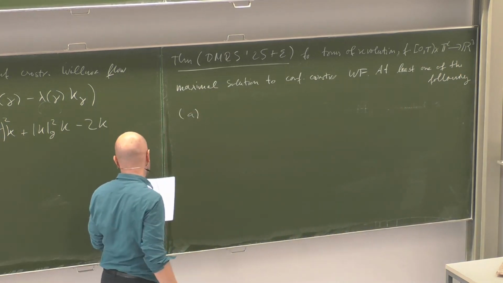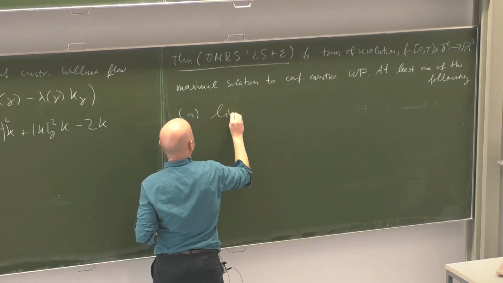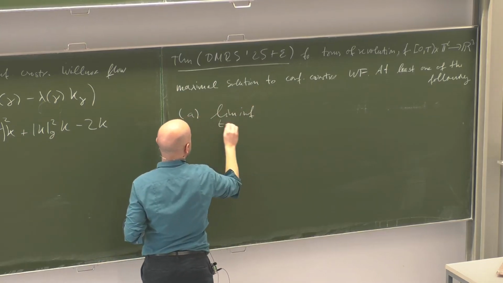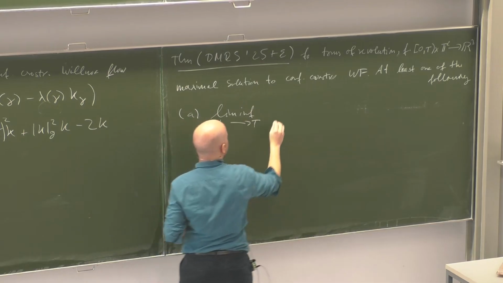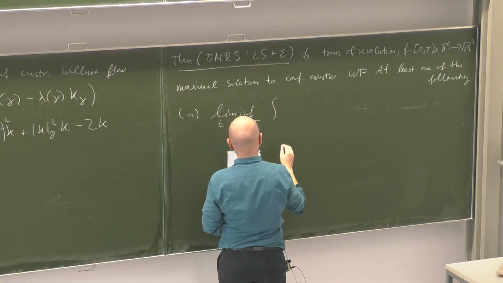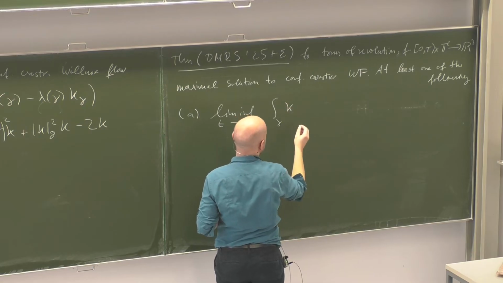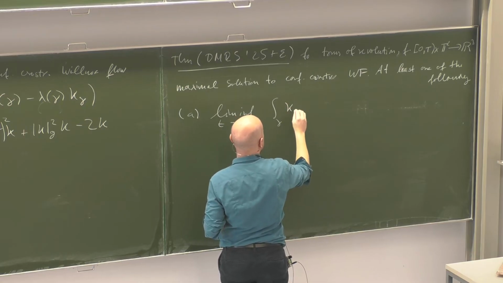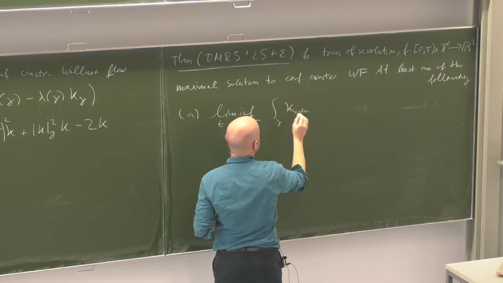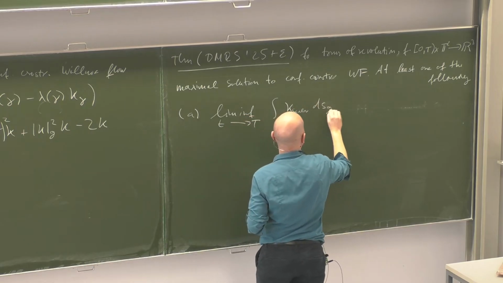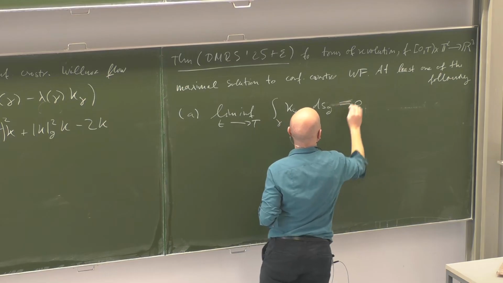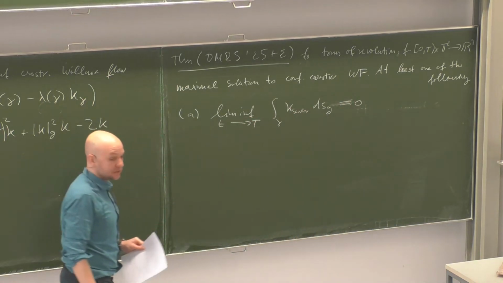A: as the time approaches its maximal existence time, the total scalar hyperbolic curvature goes to 0 along a subsequence.